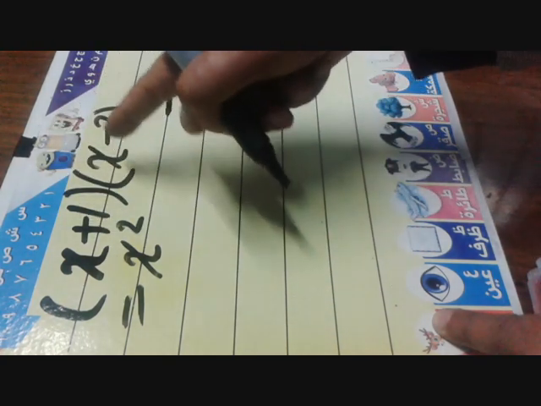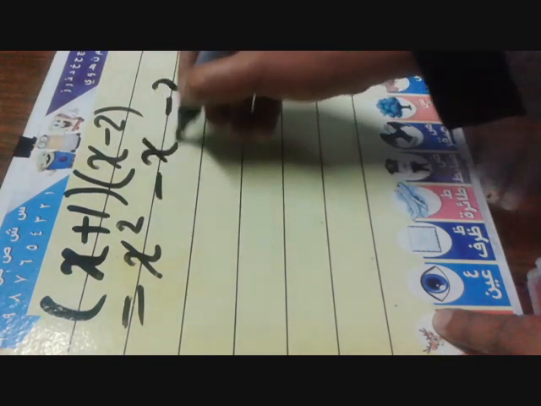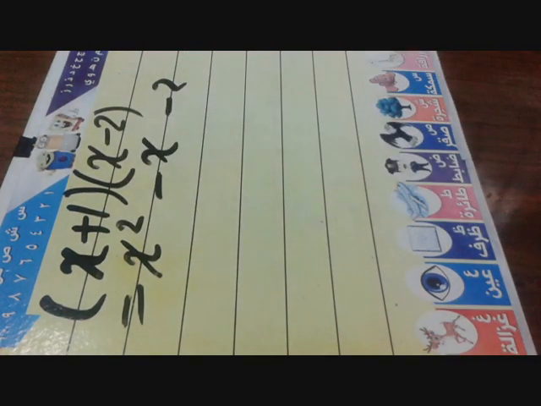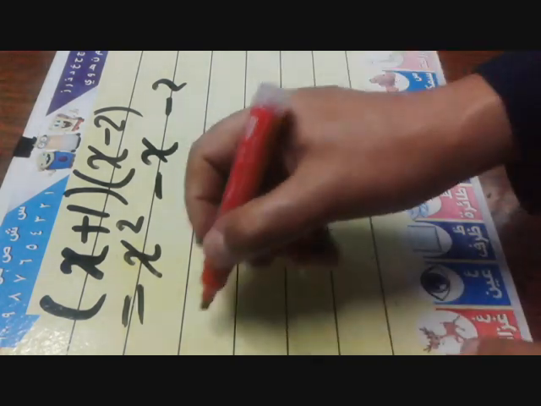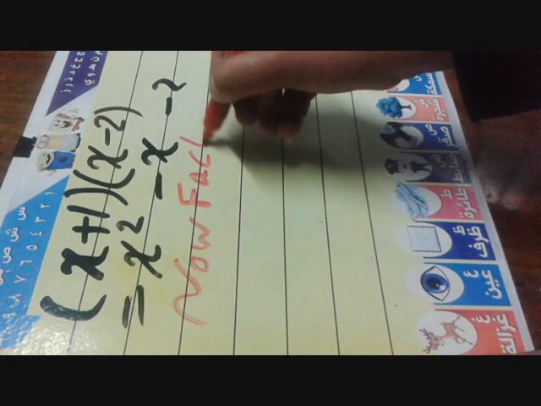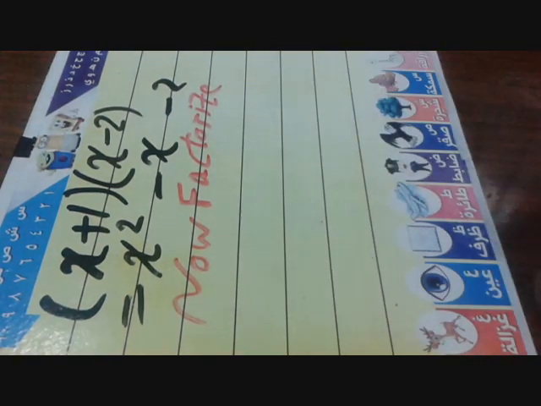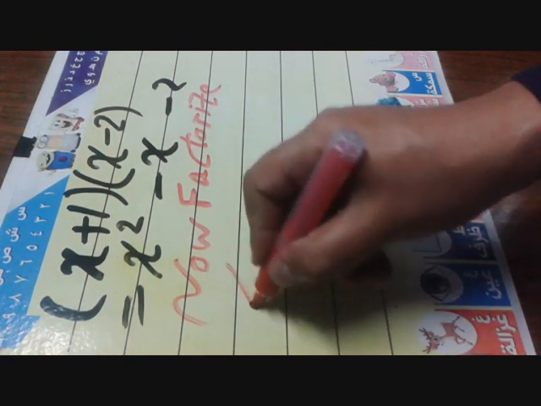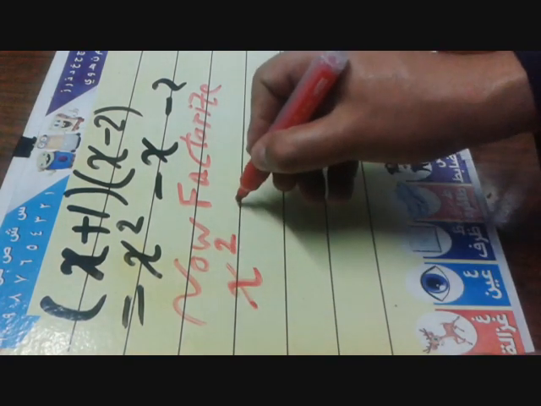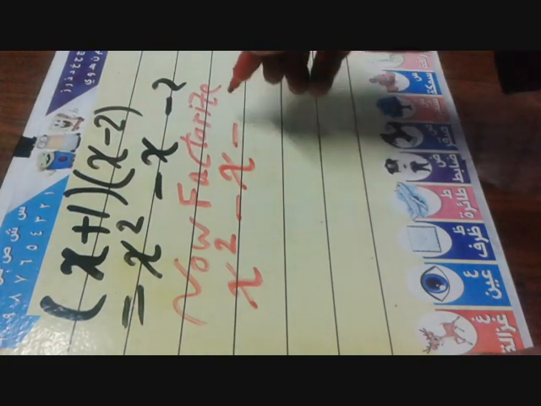Positive 1x minus 2x equals negative x. Now factorize x square minus x minus 2.